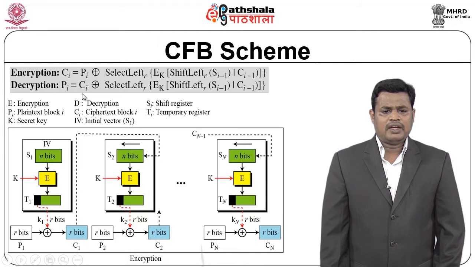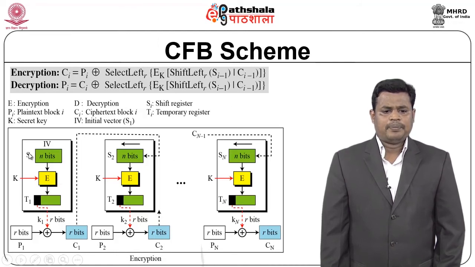So, C is equal to PI XOR the selected left R bits of the encryption key with the left shift, then SI minus 1 or CI minus 1.